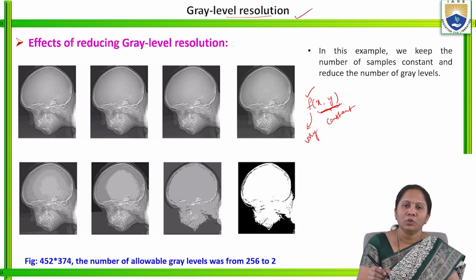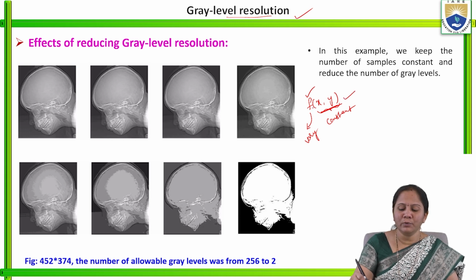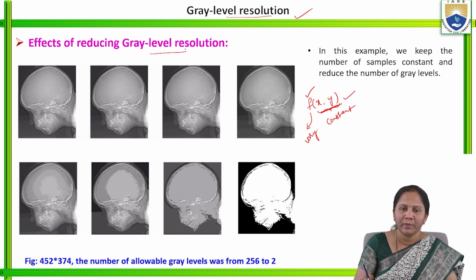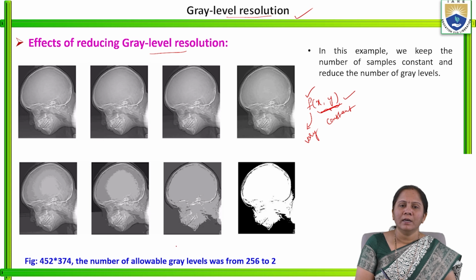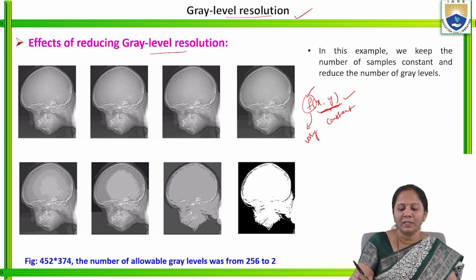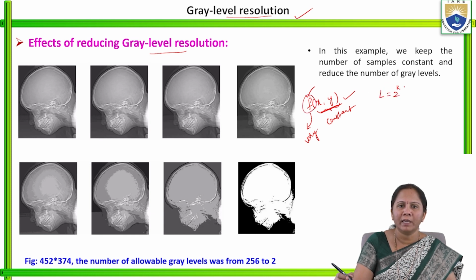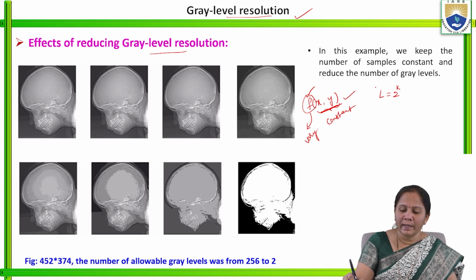If you keep reducing the value of f while keeping the spatial coordinates x and y constant, what effects can we observe? For gray level resolution, that is the number of intensity levels, the formula is L equals 2 power k, where k is an integer and L represents the number of gray levels.